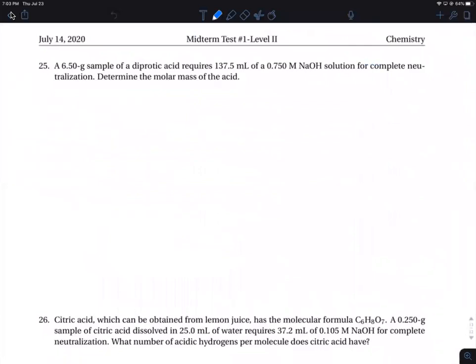We're told that we have a sample of a diprotic acid. That means it's of the form H2A, where A is the anion. If we have this diprotic acid, then we can write out its neutralization reaction.